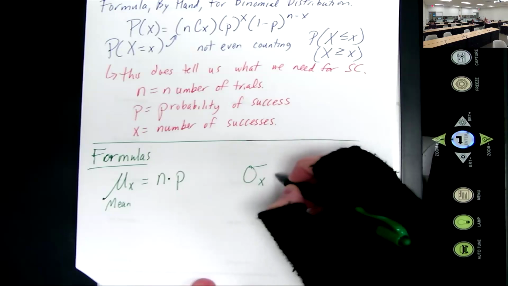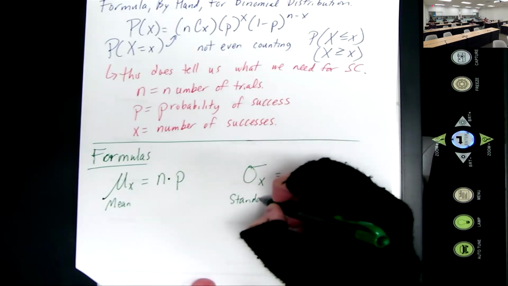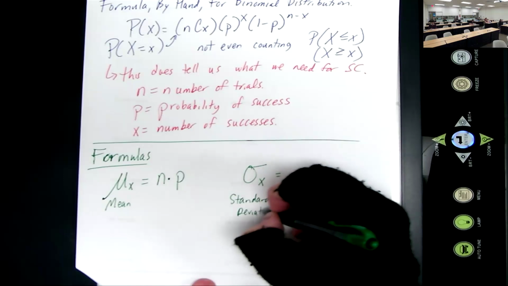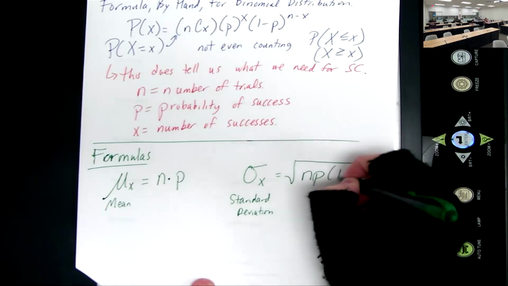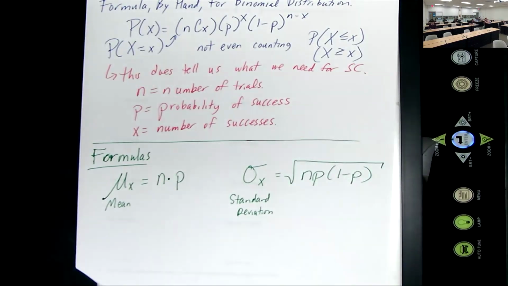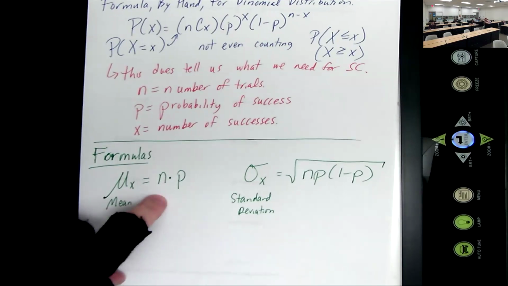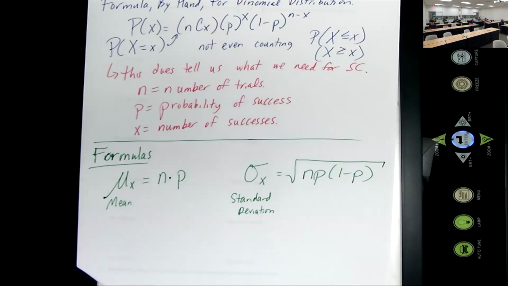And standard deviation goes by the formula: the square root of n times p times 1 minus p. It's not the friendliest formula, but if you've already got mu, you're almost there. It might calculate mean, but it may not do standard deviation, I forget. We'll see in a second.